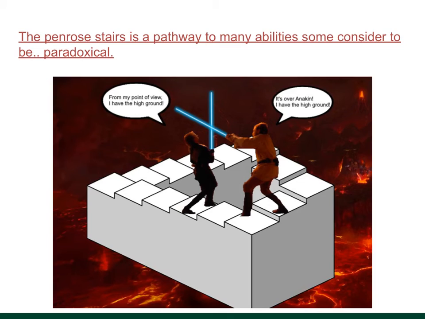There's one other meme that might rival it, but this is probably my favorite. It's the Penrose stairs with Anakin and Obi-Wan. Some lovely quotes. If you want to look at the slides, click on that link. There's a nice Reddit thread where this was posted, and it has a great thread if you want to read through that. Just for your personal enjoyment. I personally enjoy it. It's very much not related to what we're doing, but I just thought it might brighten your day.